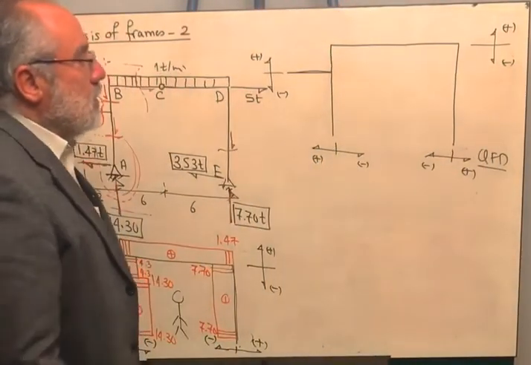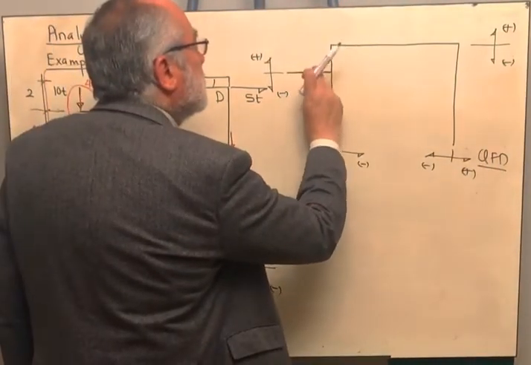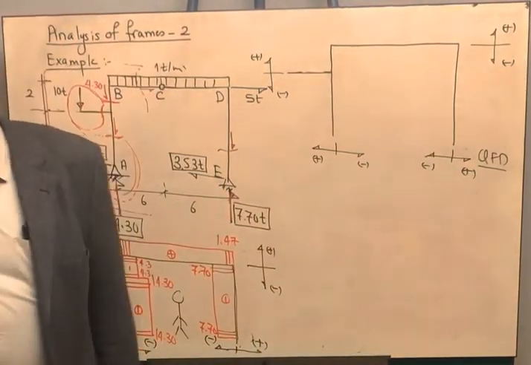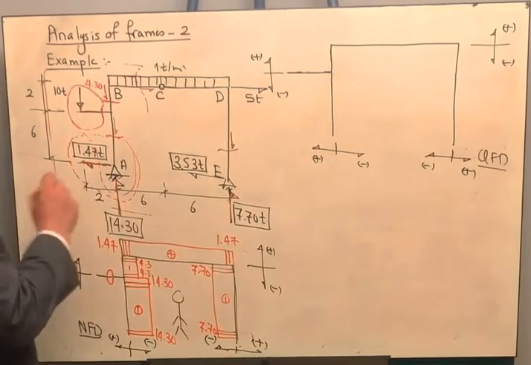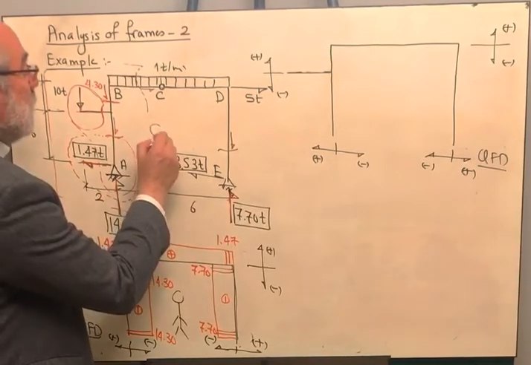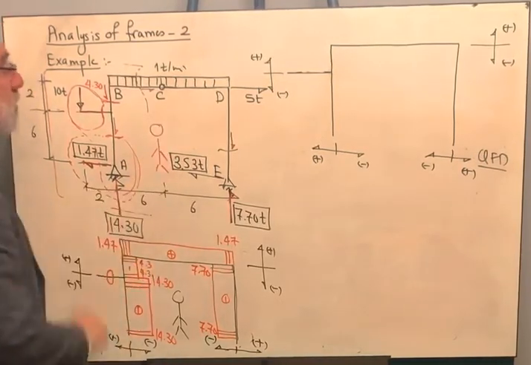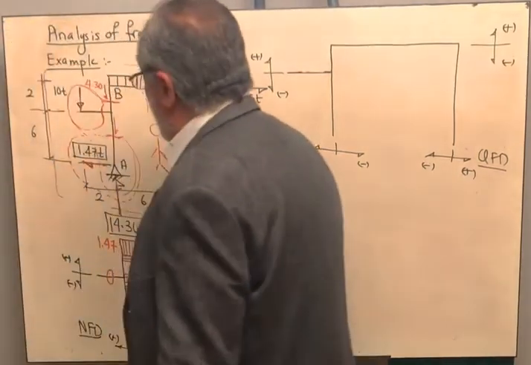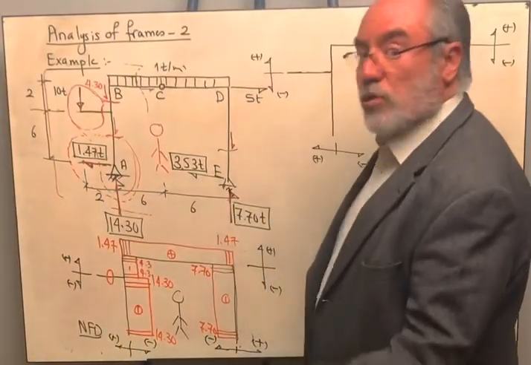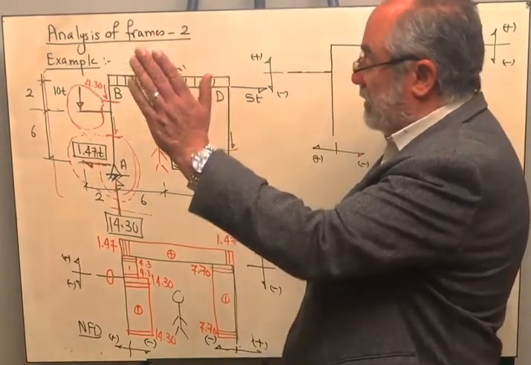Okay, now let us start our solution. I will start with member AB. Remember, we are standing here under the frame. As I told you, we are starting from the left hand side. So where is the left hand side? This is my left hand side.